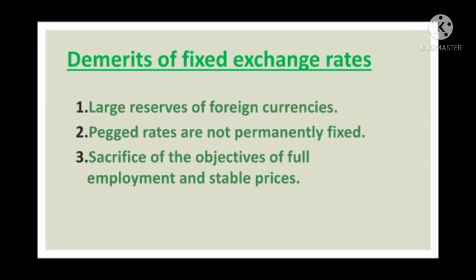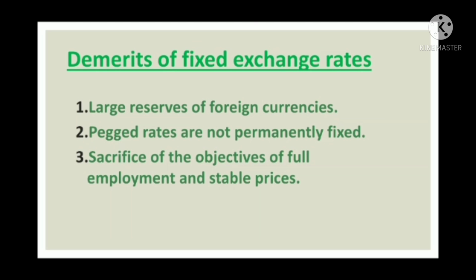Countries with deficit in balance of payment may be forced to devalue their currency. Point number 3 is sacrifice of the objectives of full employment and stable price. Under the system of fixed exchange rate, the objectives of full or high level of employment and price stability at home are sacrificed at a cost of external.